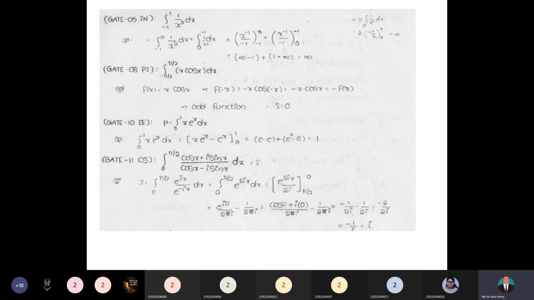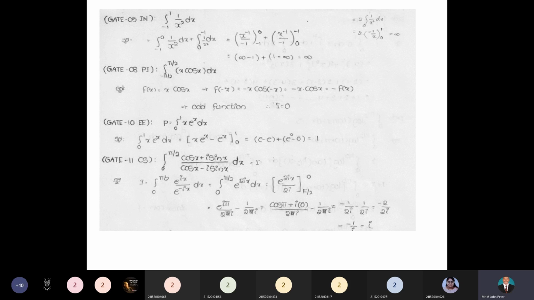Next one, integral 0 to pi by 2 of cos x plus i sin x divided by cos x minus i sin x dx. Consider that the given was I. Here replace the numerator by e power ix and the denominator by e power minus ix. For the exponential function, e power i a x, with a constant, equals cos ax plus i sin ax, a complex number function.